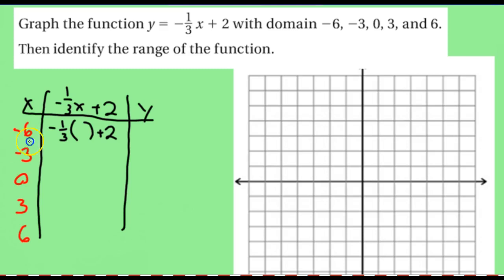So our x for the first one is -6. So if we do -1/3 times -6, that gives us 2, plus 2 is going to give us 4.